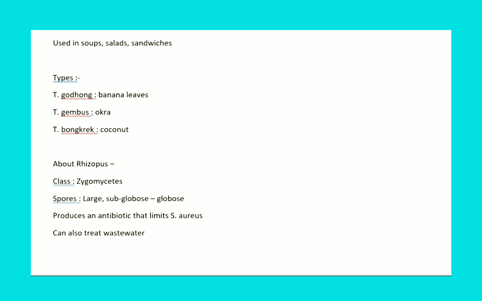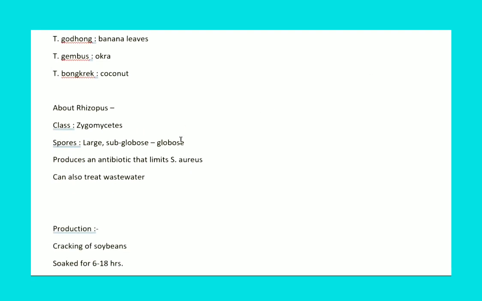So let's have a look at the starter, the inoculum, and which class it belongs to. We use the starter or inoculum Rhizopus oligosporus. It comes under the category of fungi and the class Zygomycetes, and its spores are large, with a shape that varies from subglobose to globose.